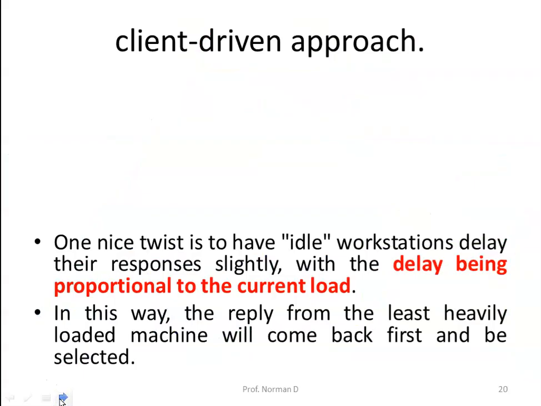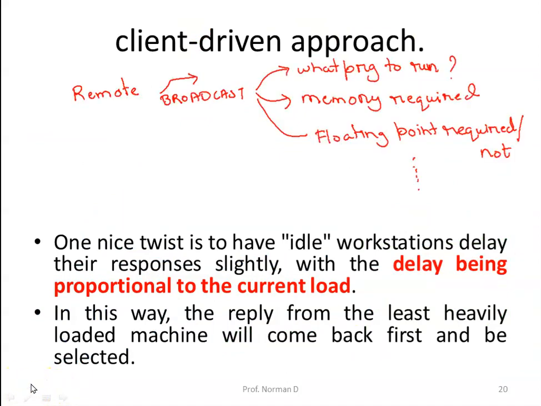Next, we will move to the client driven approach. When a remote command is invoked, it will broadcast its request, saying what programs it wants to run, how much memory is needed, whether or not floating point is required, and many more parameters.